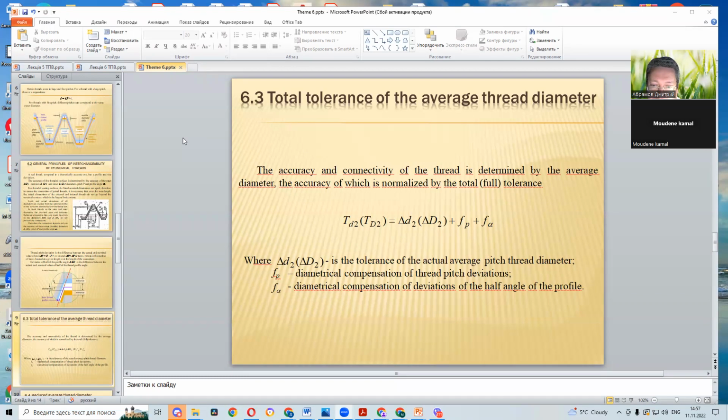We use this formula where delta D suffix 2 is the tolerance of the actual average pitch thread diameter, F suffix P is the diametrical compensation of thread pitch deviations, and F suffix alpha is the diametrical compensation of deviations of the half angle of the profile.